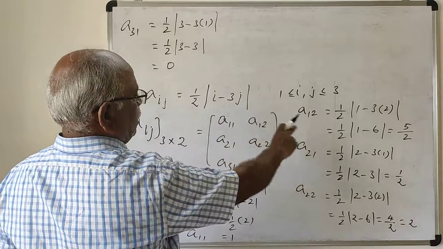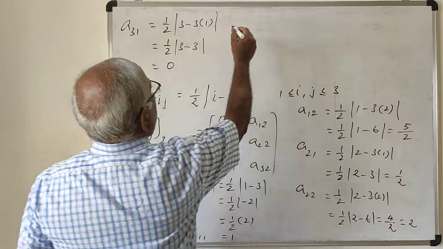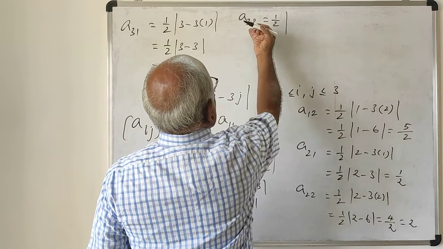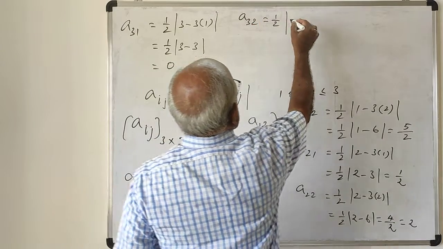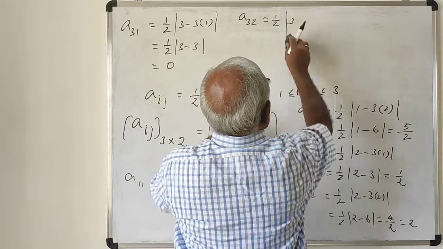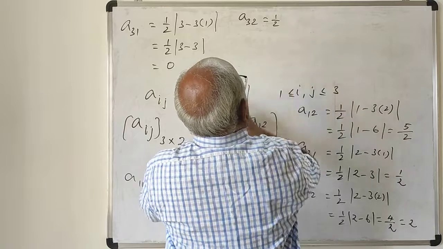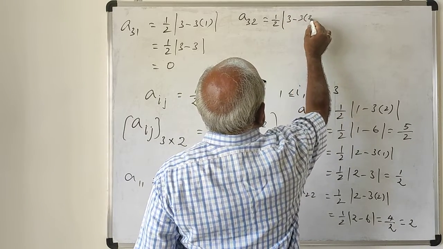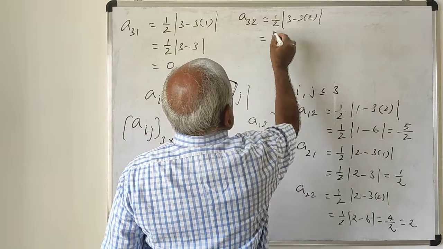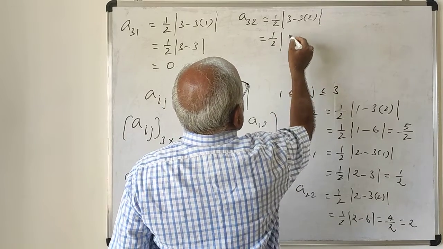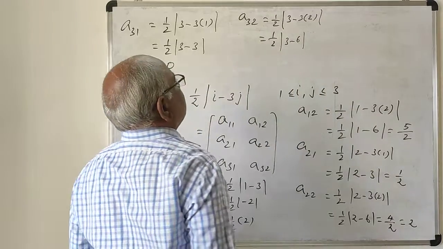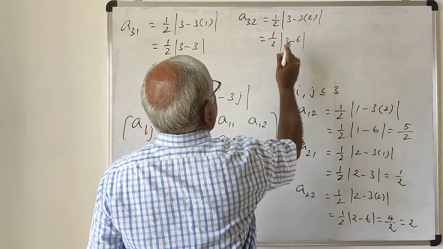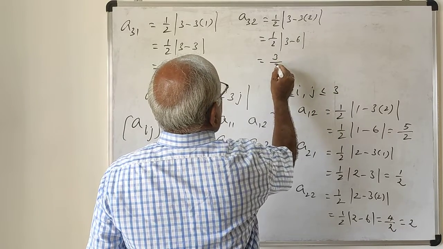And next one, A32, the last element. i is 3, j is 2, 3 minus 3 times 2. That is 1 by 2 into mod of 3 minus 6. 3 minus 6 is minus 3. Modulus of minus 3 is 3. It is 3 by 2.